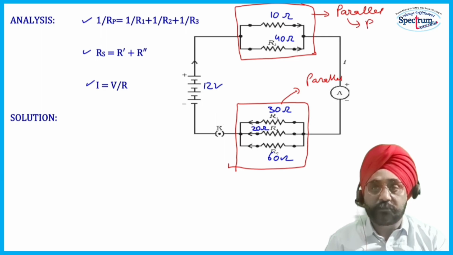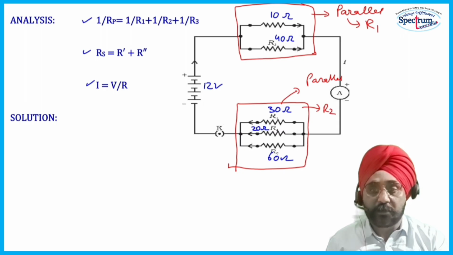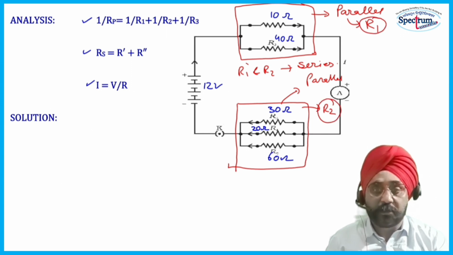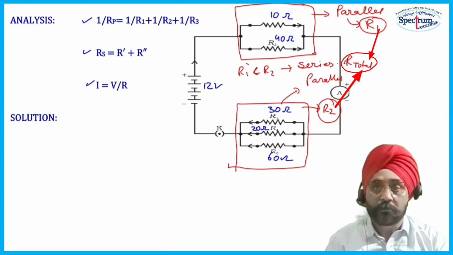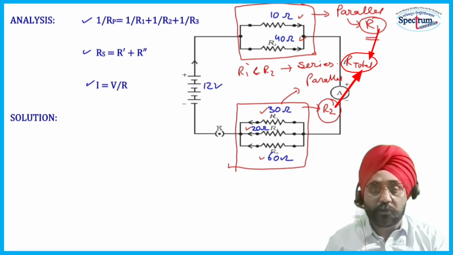We will call the equivalent resistance of the first pair R1 and the equivalent resistance of the second group R2. Then R1 and R2 are in series connection. First we find R1, then R2, then R total. 10 ohm and 40 ohm are connected in parallel, so this is R1. 30 ohm, 20 ohm, 60 ohm again in parallel, R2.